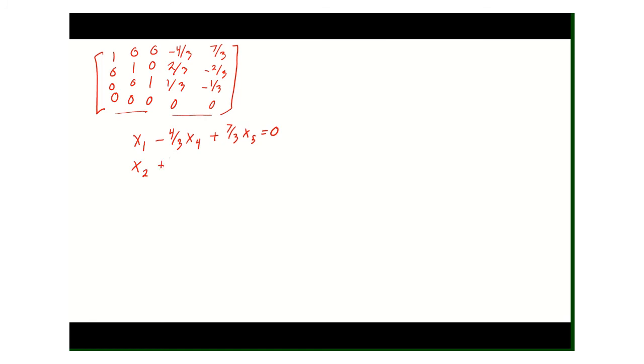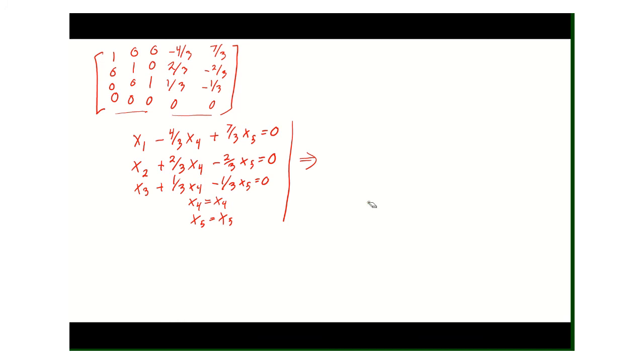And similarly for my other rows, x2 plus 2 over 3 x4 minus 2 over 3 x5 equals 0. x3 plus 1/3 x4 minus 1/3 x5 equals 0. And my x4 and x5 are my free variables, so let's write them like that to make sure I don't forget them.